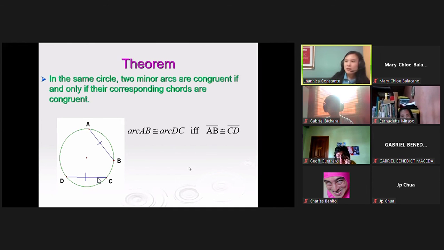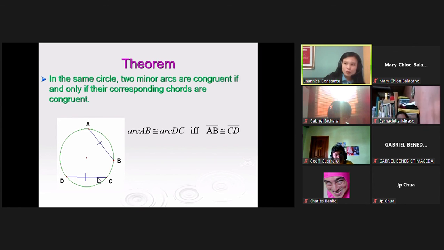In the same circle, two minor arcs are congruent if and only if their corresponding chords are congruent. For example, you have here in the circle chord AB and chord DC.